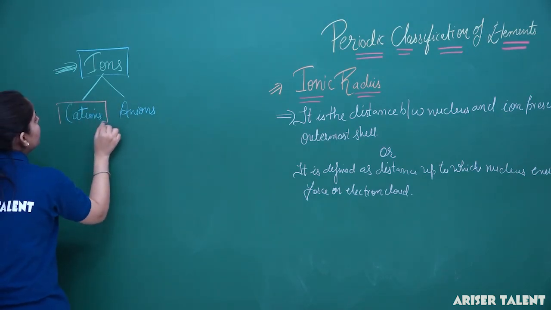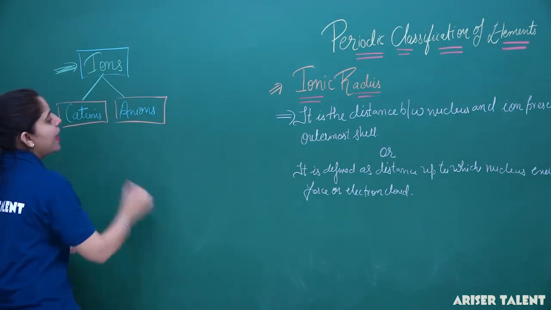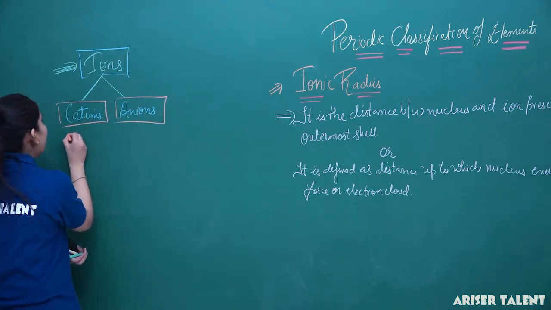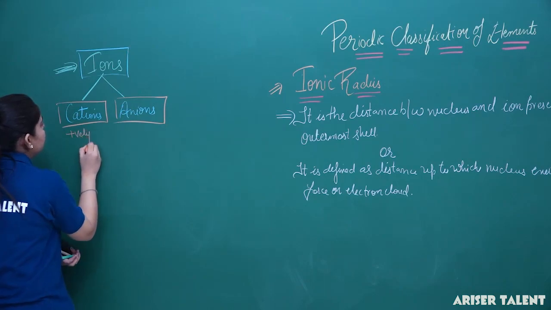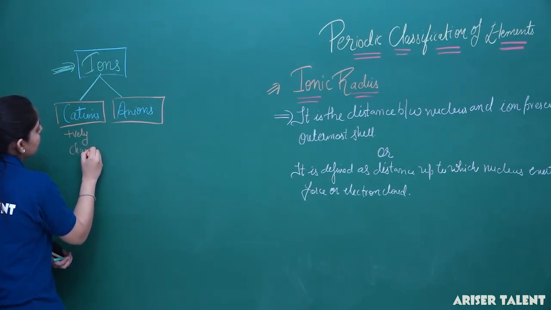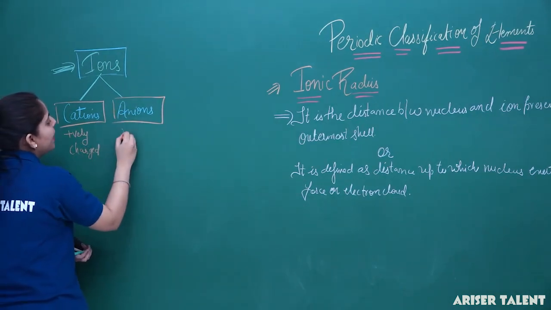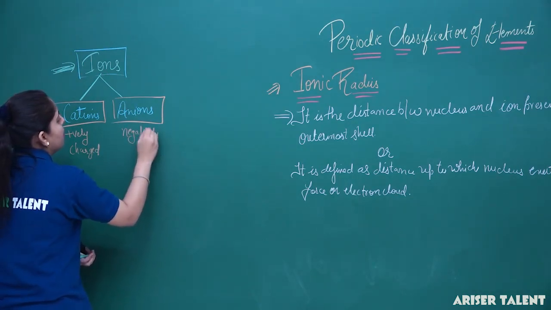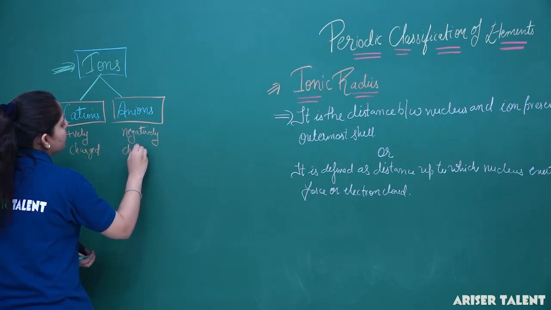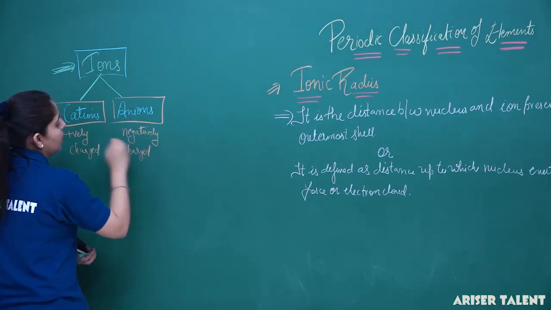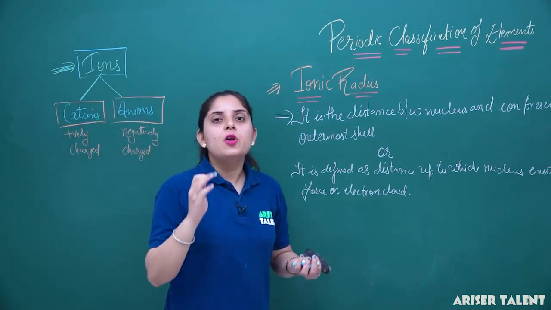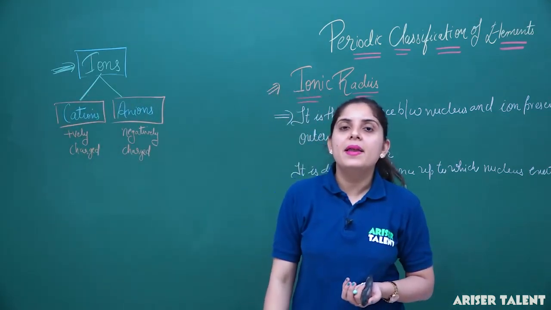Cations are actually the positively charged ions, and anions are actually the negatively charged ions. Now, the size of the cation will always be smaller than the parent atom.